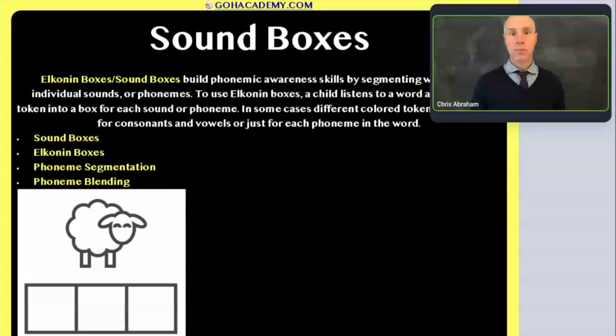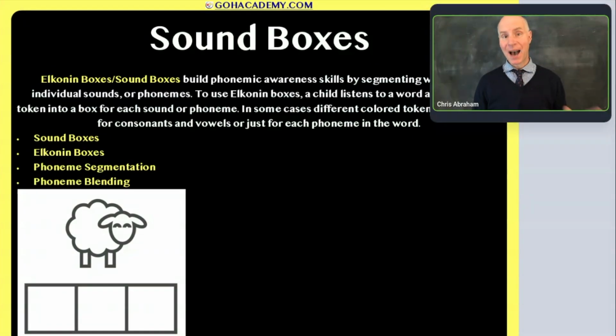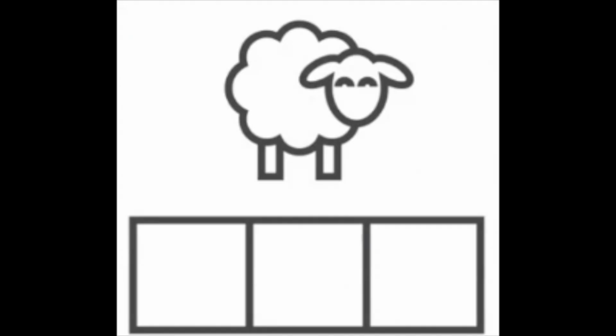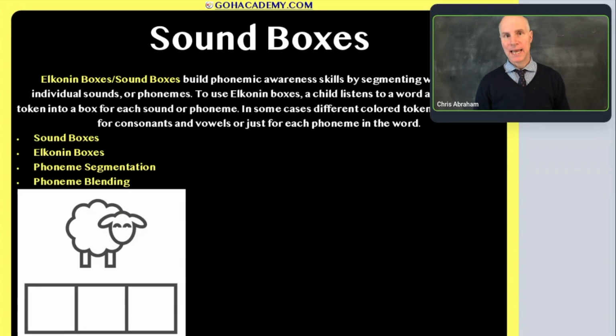Sound boxes or Elkonin boxes can be used as an auditory activity to help with phoneme segmentation. Notice that in the picture here, there is no print. In fact, they don't have to involve print. Pure sound boxes include those boxes like that graphic organizer and some type of diagram or picture. No print necessary.